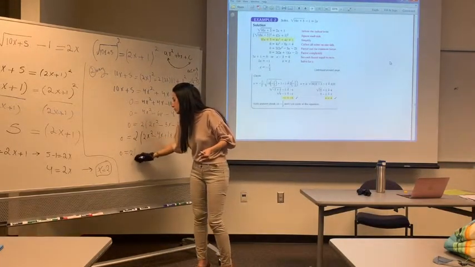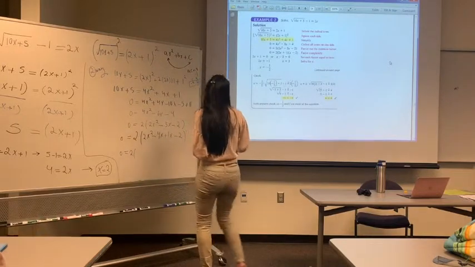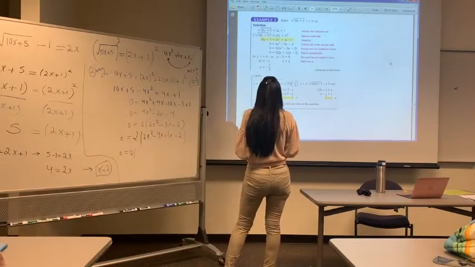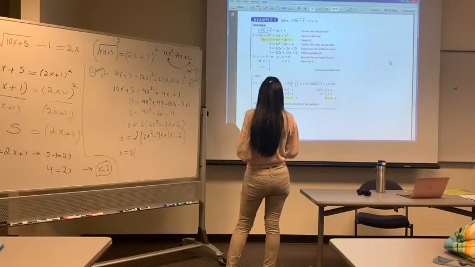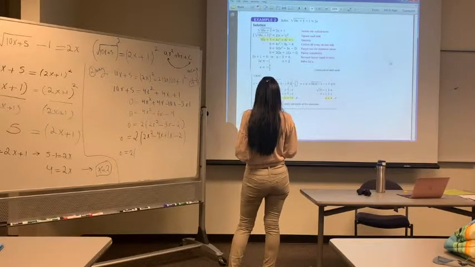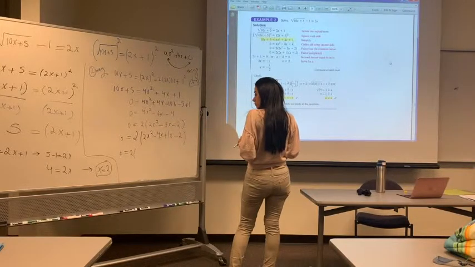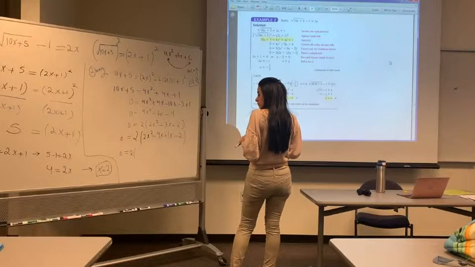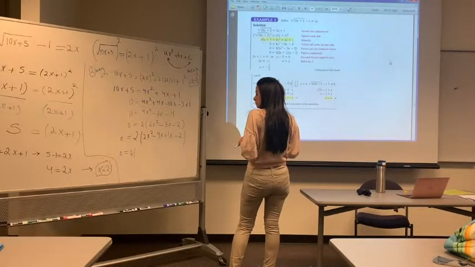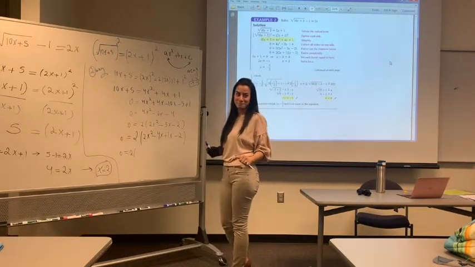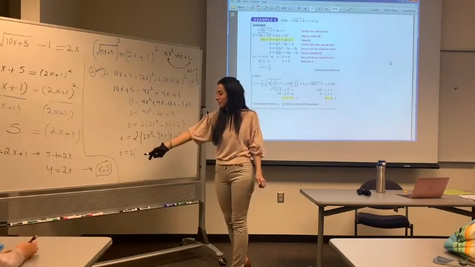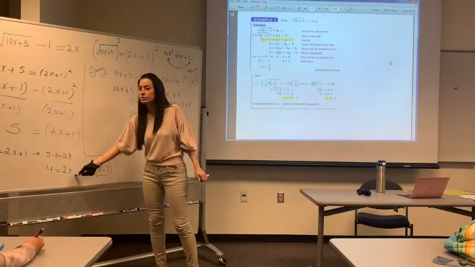Okay, so did you see one thing here? So 4 is equal to 2x.